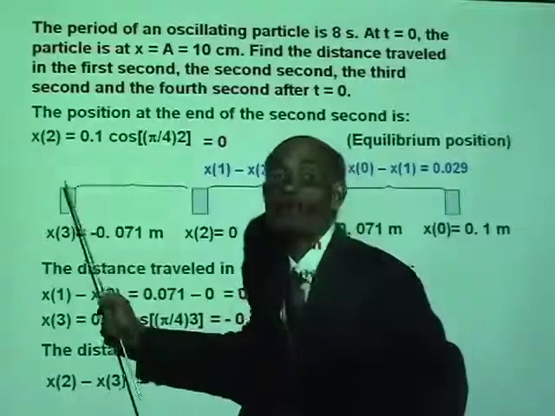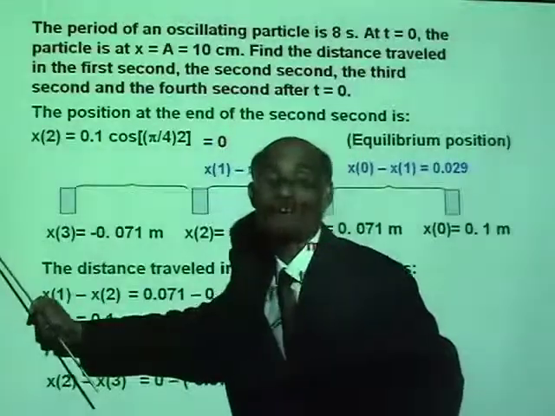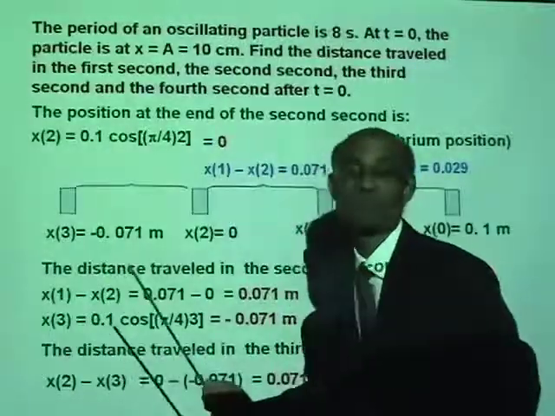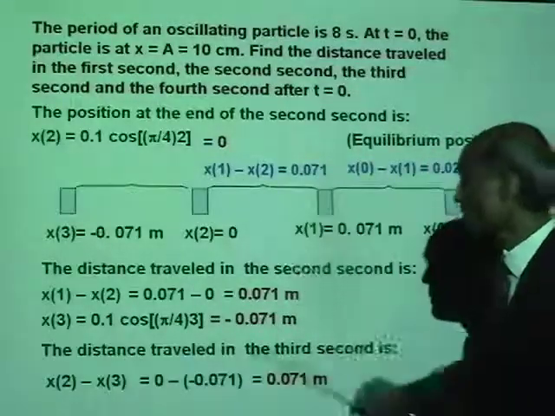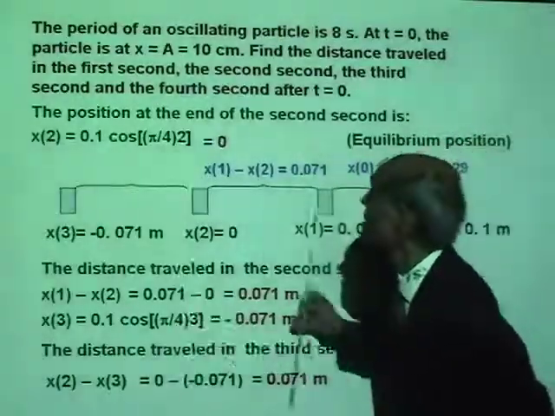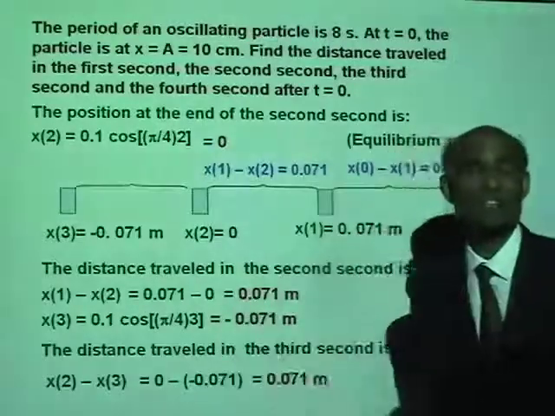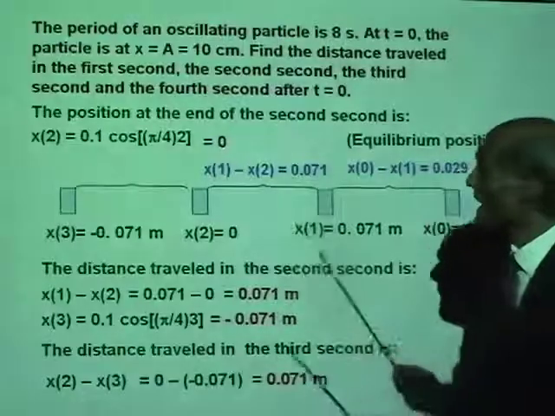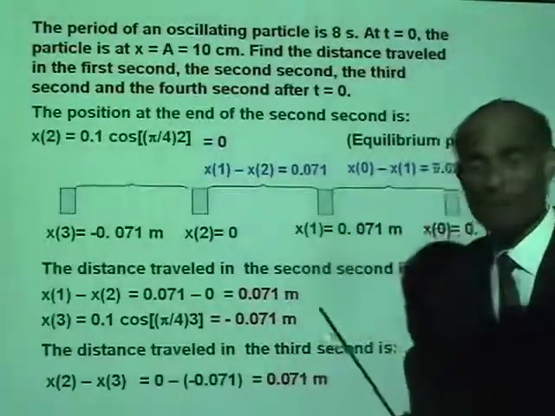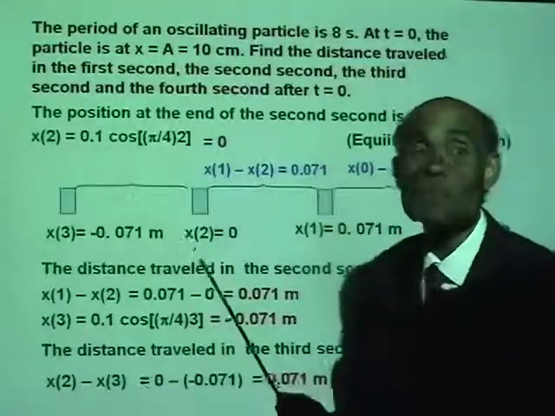Can you tell me what will be the distance traveled in the fourth second? I'm going to leave it for you to figure out. Alright. So, you can see in these kinds of problems, the visualization is very important. Now, there is actually one more problem left in the PowerPoint.